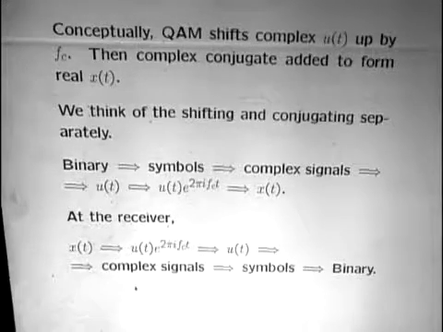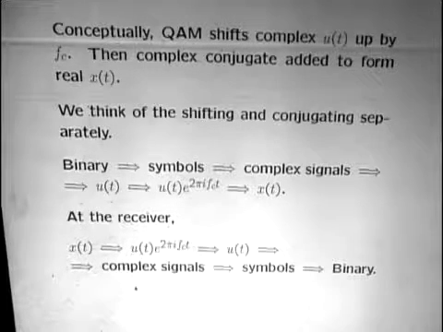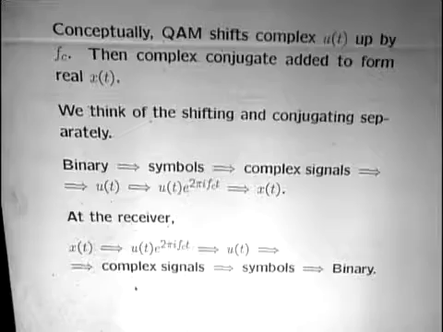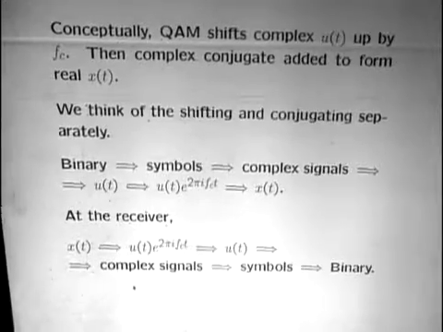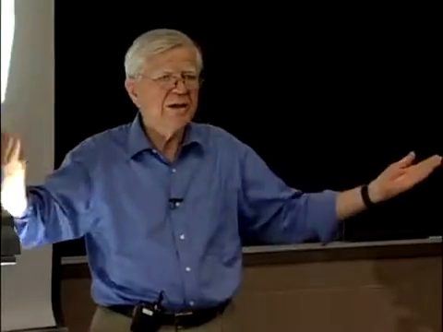First, you take the waveform, you translate it up, then you take the real part or something, or add the negative frequency part. And we're going to think both of this double operation of going from u of t to the positive frequency part of things, and then of looking at the real waveform that corresponds to that.